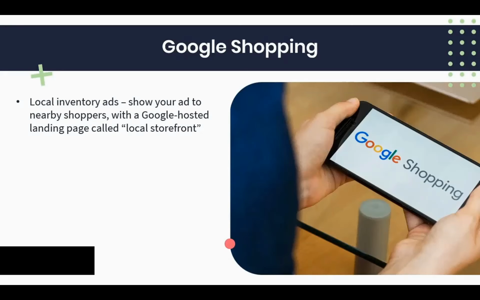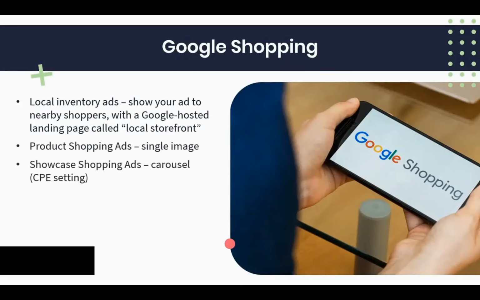If you're just doing the standard product shopping ads, then it is a single image, but you can also have a carousel under the showcase shopping ads. And this would be a cost per engagement model, with an engagement being recorded if someone clicks to expand your ad. So that would count as an engagement.